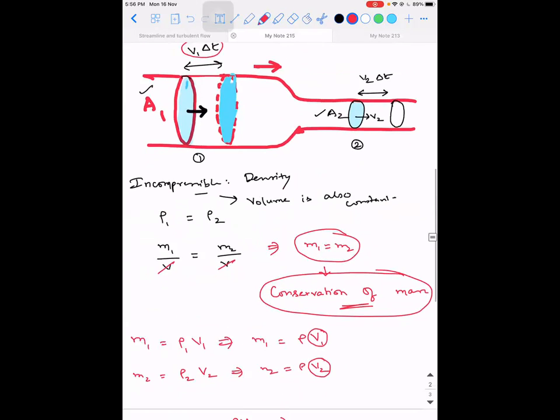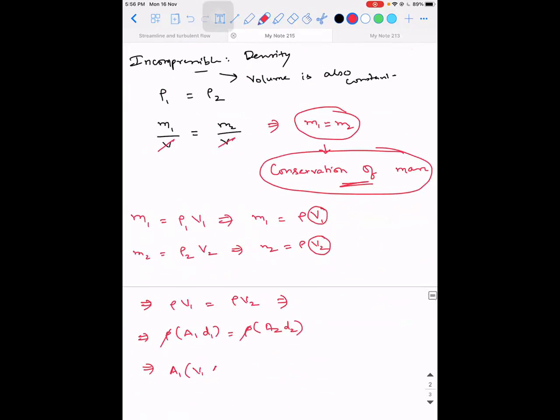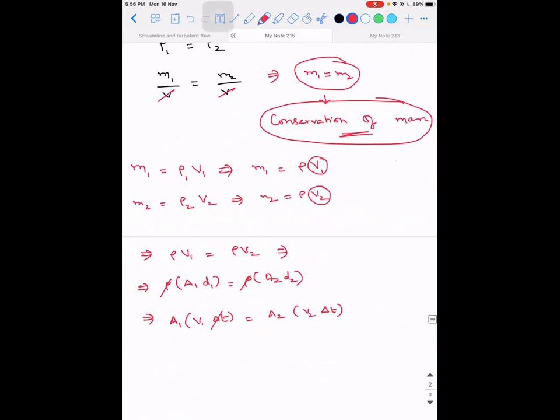V1 del T. A2 into V2 into del T. So del T will get cancelled. From this I will get A1 into V1 is equal to A2 into V2. And this equation is what is called the equation of continuity.